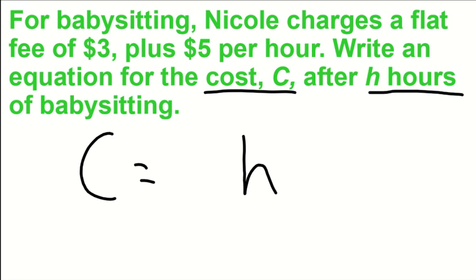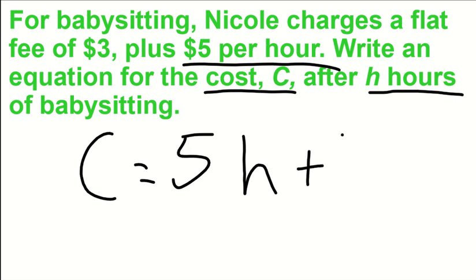Which one's the slope? 5. How do we know? It says $5 per hour. So 5 is going to be our slope. The other number, the $3, it says a flat fee, $3. That's a different way of wording. It still fits with an initial fee or a one-time fee, okay?